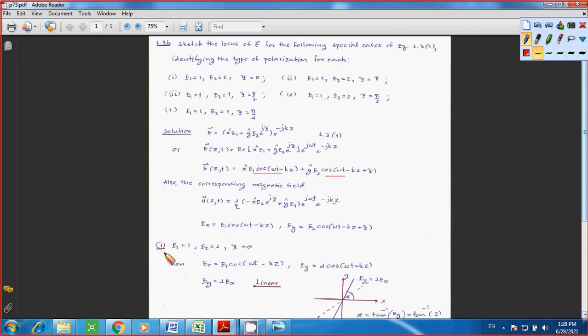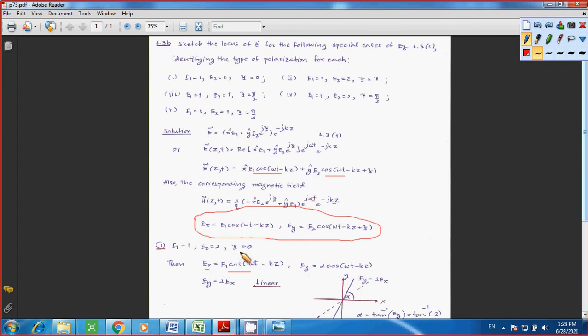Okay, let's get started. For E1 equal to 1, E2 equal to 2, and psi equal to 0. I just want to make it clear, so I just pick this expression for both EX and EY. This is your EX and this is your EY.